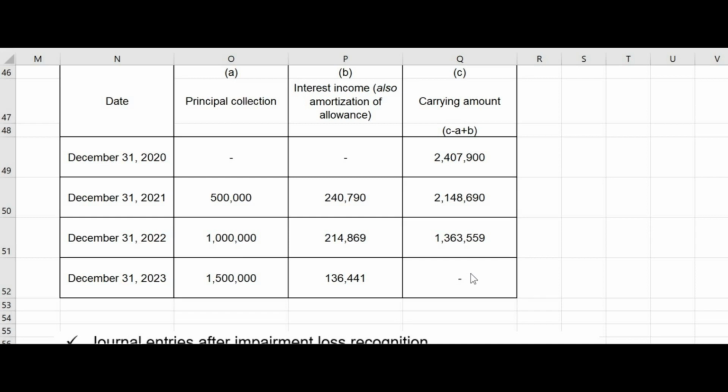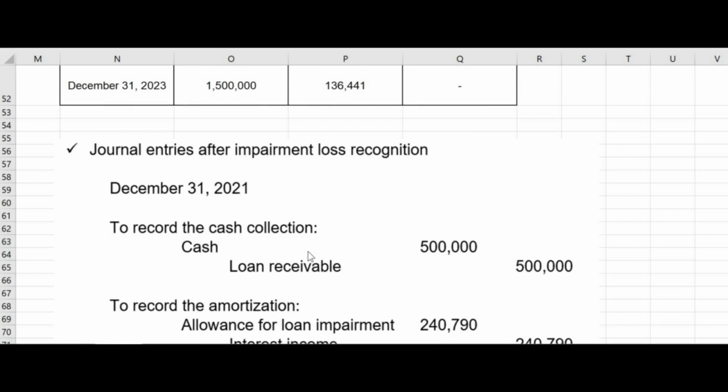So, what you're going to do here is kunin na lang natin yung difference ng 1.5 million tsaka yung 1,363,559 kasi yun na yung i-consider natin as interest income para ma-close na yung ating loans receivable. So, yan, no? 1,363,559 minus 1.5 plus 136,441.